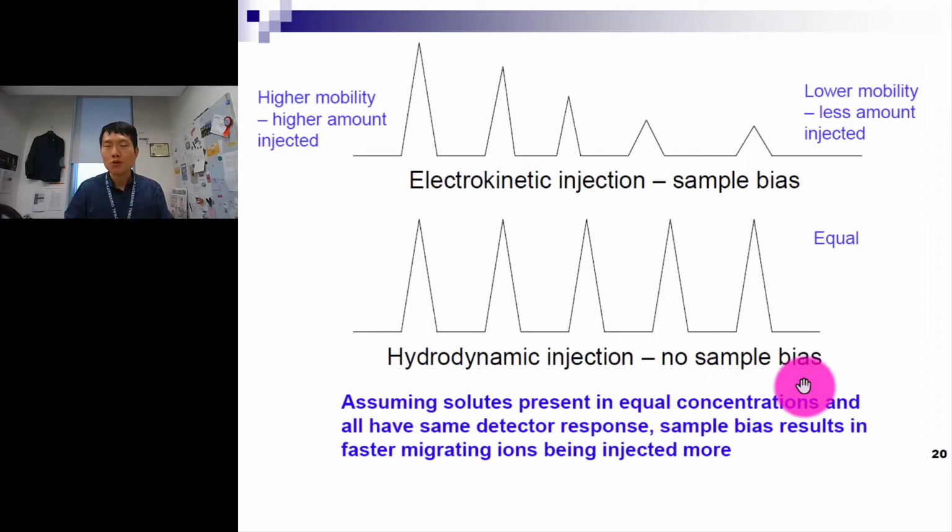Maybe this diagram will illustrate it a bit better. Recall that in electrokinetic injection, the sample bias is such that every time you apply the same voltage, the ions with higher mobility go in more. So it's never consistent. But if you're using hydrodynamic injection, using pressure, vacuum, or a difference in height, then it's always constant, equal.